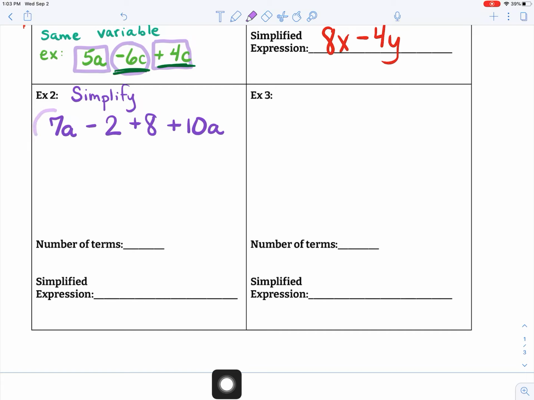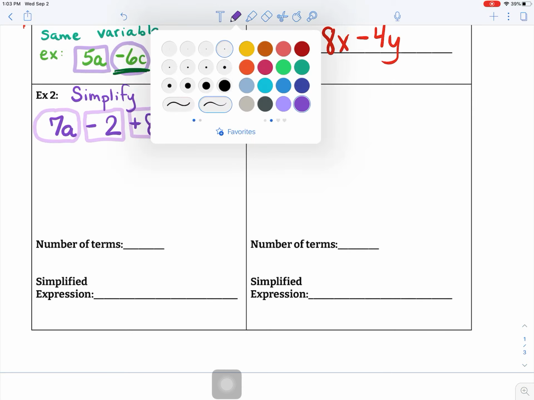Okay, reading from left to right, the 7 is the coefficient for the a. I include the minus sign that's attached to the 2. I include the plus sign that's attached to the 8. And then I include the 10a with that plus sign, because English reads from left to right, so does mathematics.